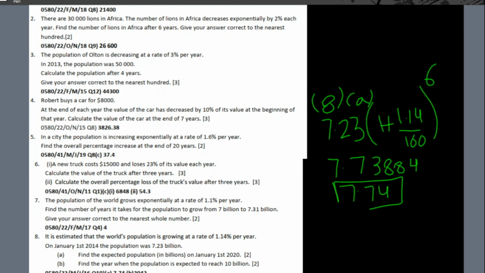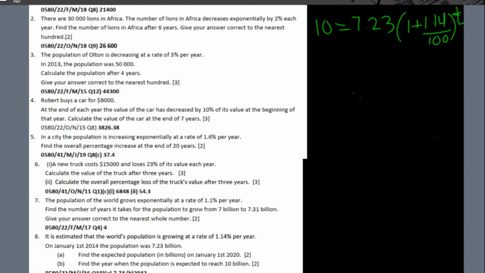Next, part B, find the year when the population is expected to reach 10 billion. So I'll write 10 here equals 7.23 times 1 plus 1.14 over 100 raised to the power time. So again I need to find the value of time.